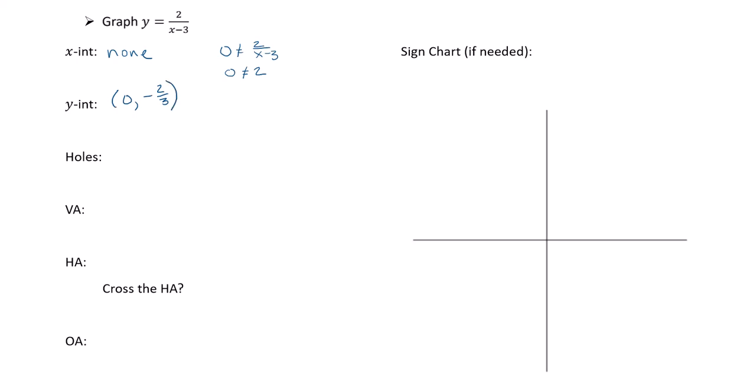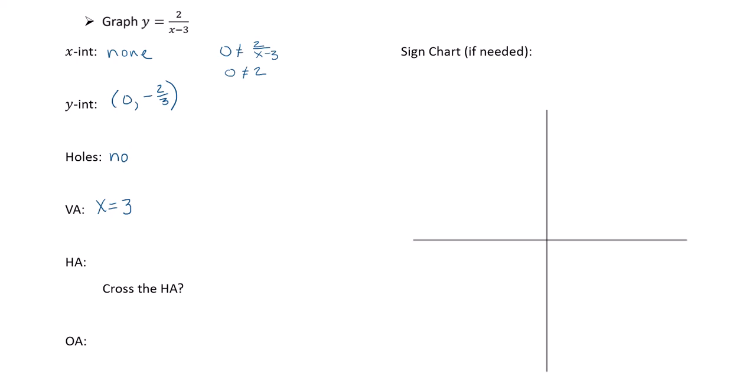Are there any holes? I don't see any common factors in the numerator and denominator, so there are no holes. I do have a non-removable discontinuity when x equals 3. So x equals 3 is my vertical asymptote.